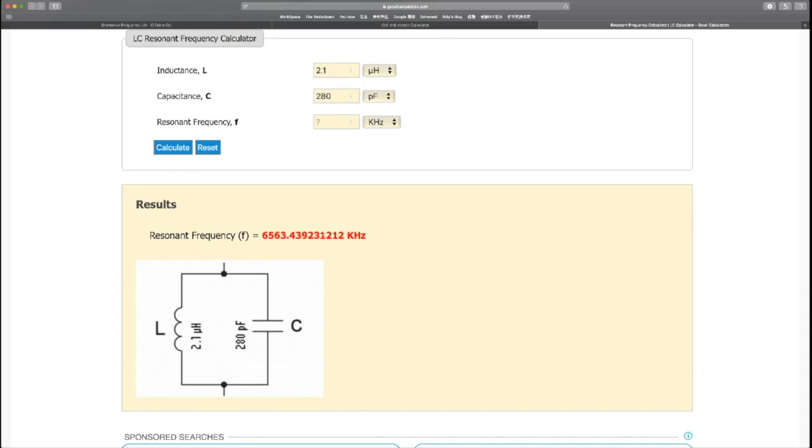Then we input the higher capacitance, 280, and resulted in the lower frequency, 6.5 MHz or 6,500 kHz. So it looks like we have to use the other gain of the capacitor as well, make it up to 560 pF. So we can go as down as 4,600 kHz or 4.6 MHz, which will be our target.